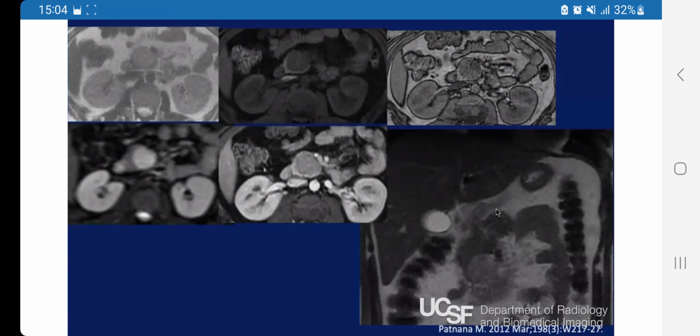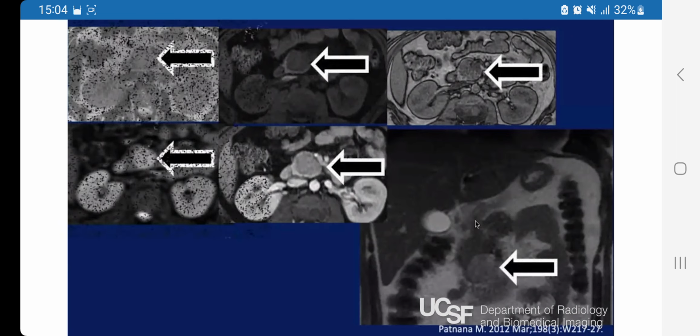Another example of a mimic. Here we have an MRI sequence of a patient with a pancreatic mass. Here we see this pancreatic head mass with restriction of diffusion, low-grade enhancement, no significant dropout in signal, and intermediate T2 signal.